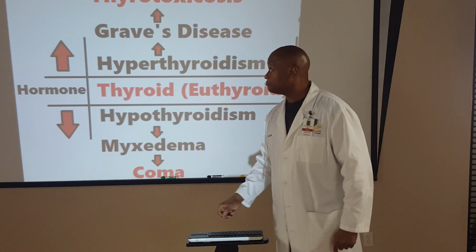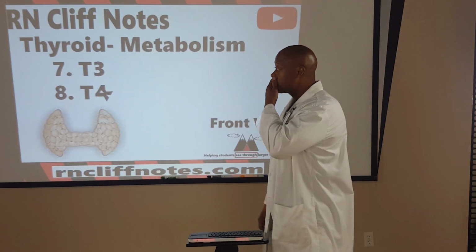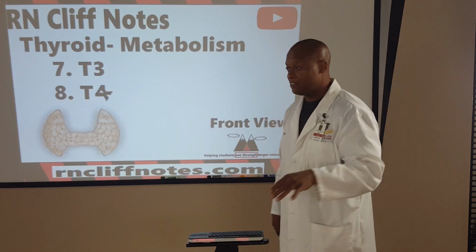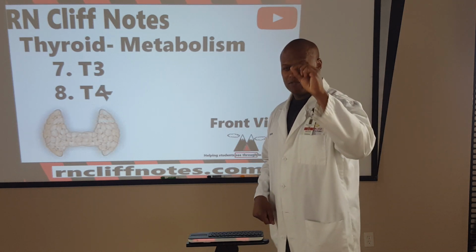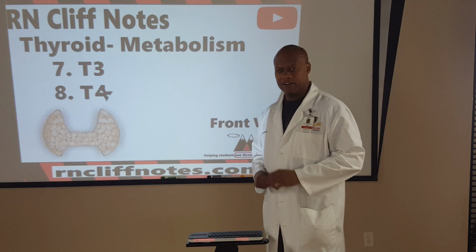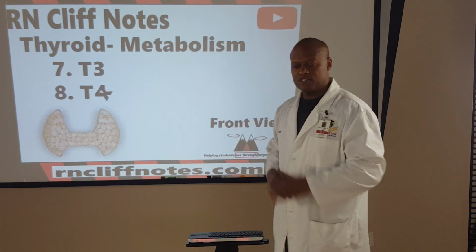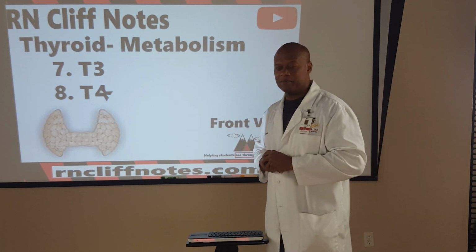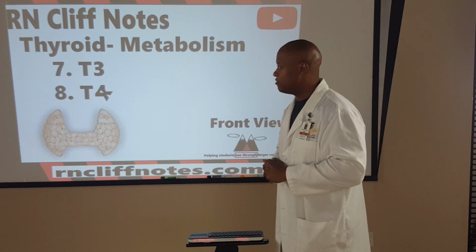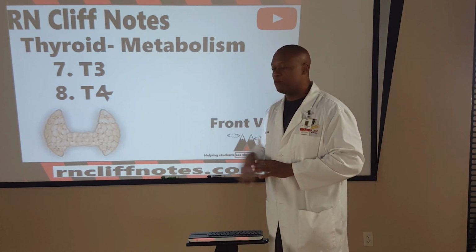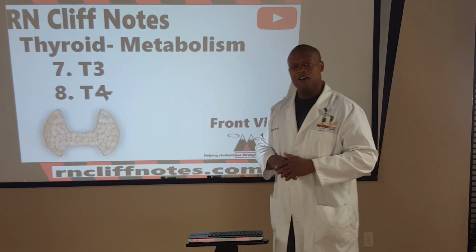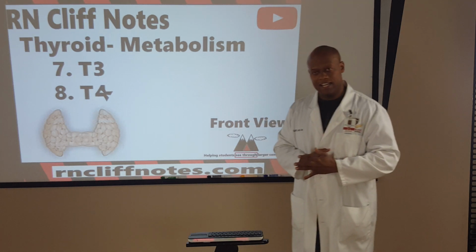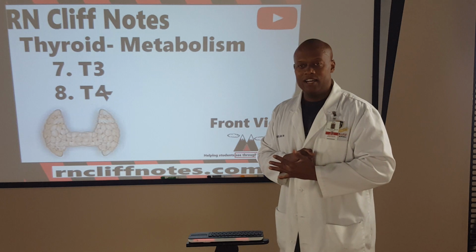All right, now, okay, so we want to reflect back with all this talk about metabolism and see how much you retain from the previous video, right? So we're building here. So try not to skip around if you can help it, you know, to go back and check some things out. So we had T3 and T4, and what I want you to do is identify them on your paper. What was T3 and what was T4?